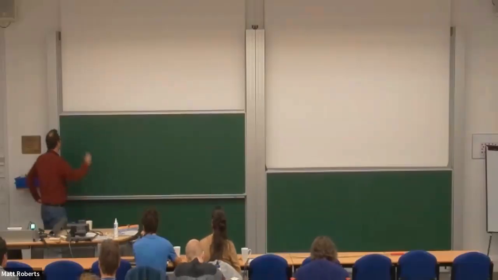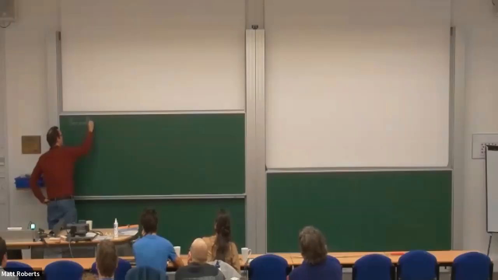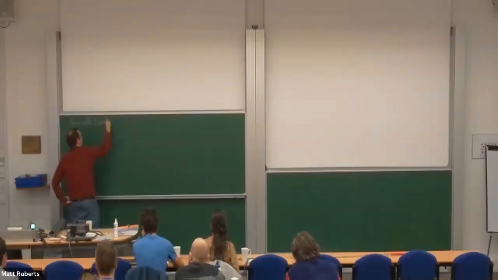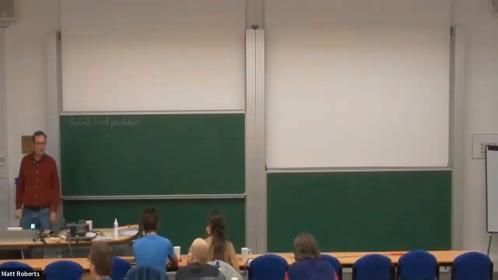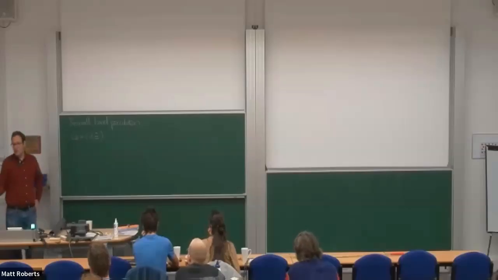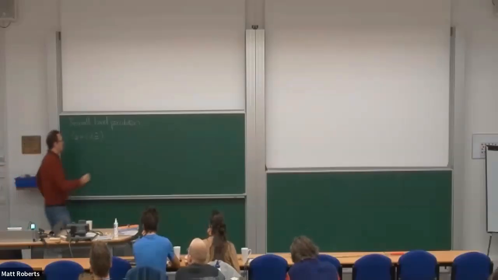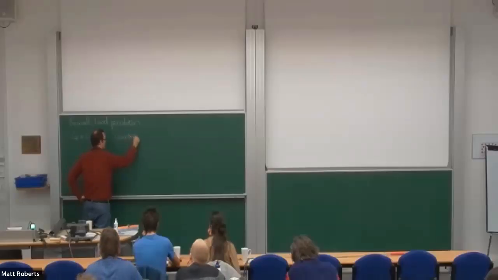Okay, so I'm going to be basically exclusively talking about Bernoulli bond percolation. So the most basic version of this, we have a graph, G, has vertices and edges. I'll always assume that the graph is countable.